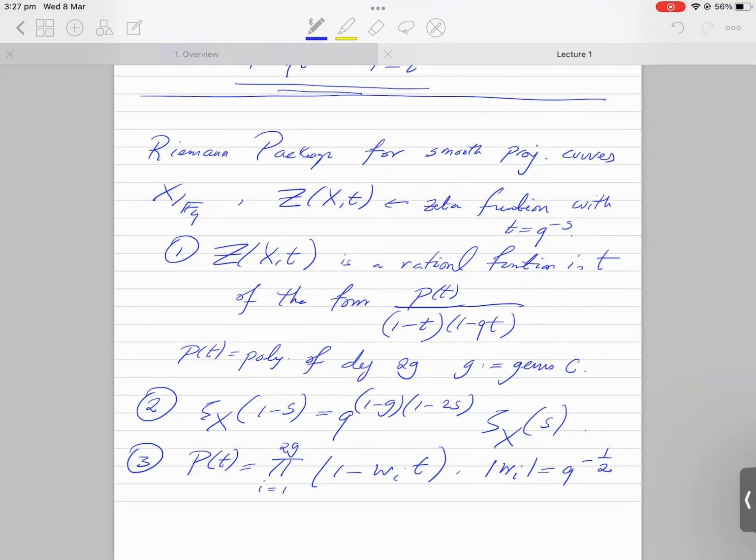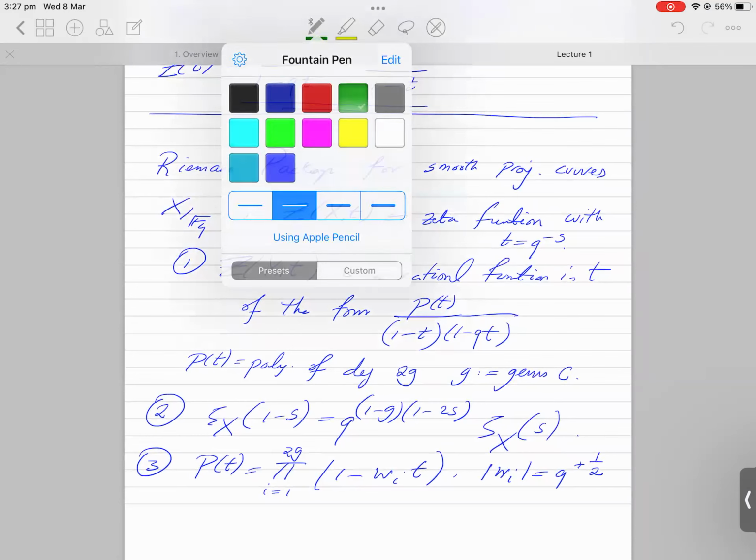Hold on a second. I think so. Or maybe it should be plus 1/2. Again, my plus and minuses are a bit off. So this is the analog of Riemann hypothesis.